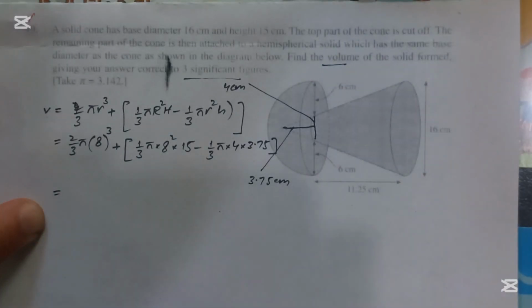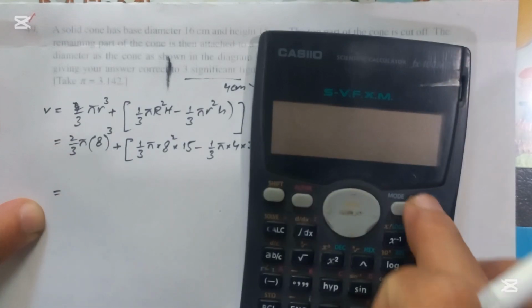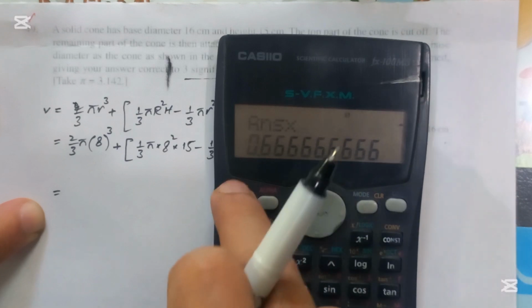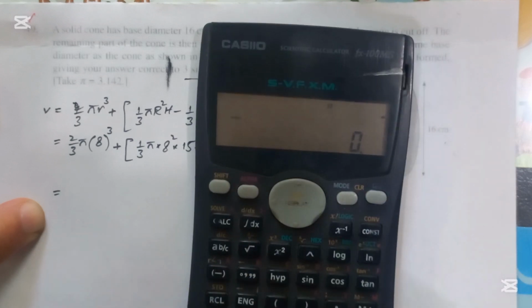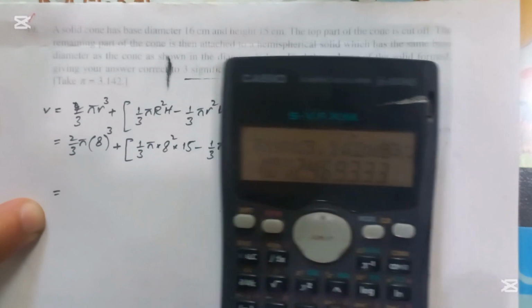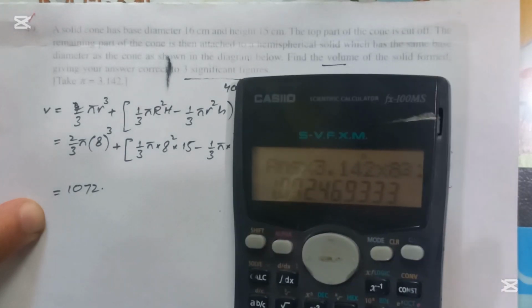Solve these values on the calculator. Pi is 3.142. So 2 by 3 pi, we are directly using the value of pi. Solve exactly: 2 by 3 multiplied by pi, that is 3.142, multiplied by 8 cube. This is 1072.47.